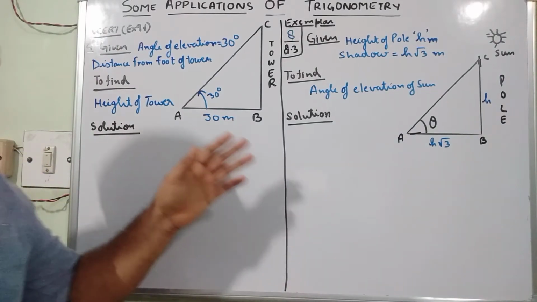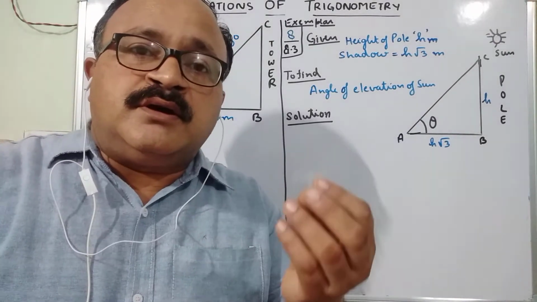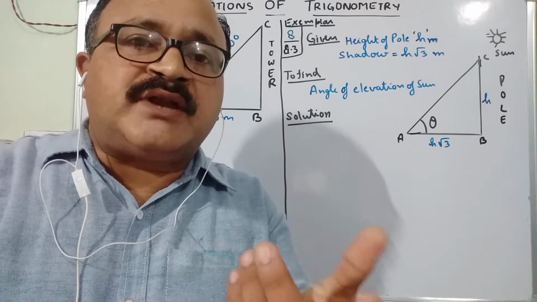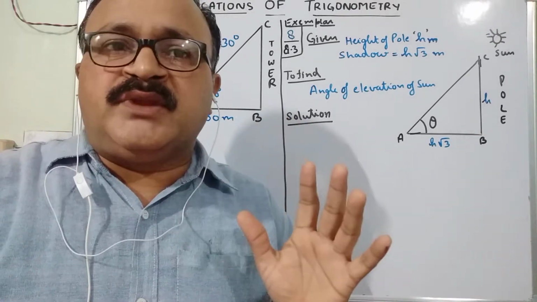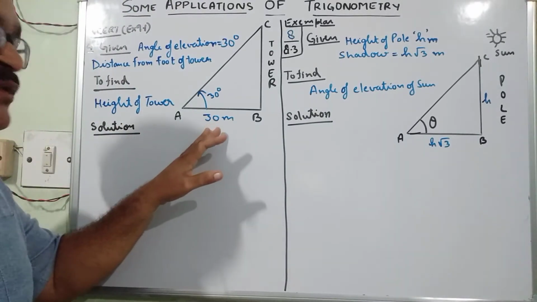We know the trigonometric ratio tan theta comprises the perpendicular and the base, and here we are aware of the base.